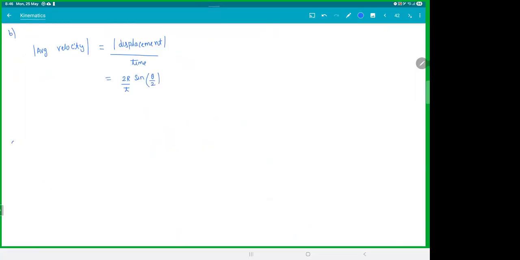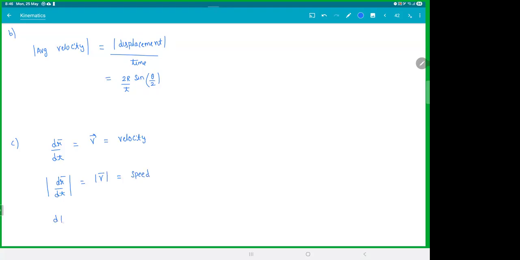Now, let's understand this, okay? What is dr by dt? Dr by dt is v bar, which is velocity. Okay. What is mod dr by dt? This is mod v bar. This is speed.